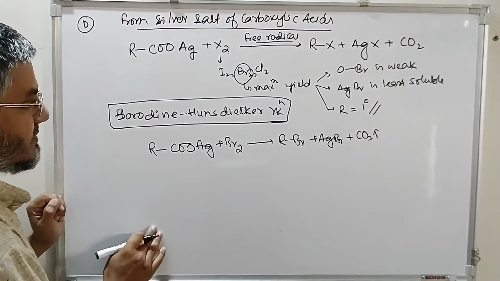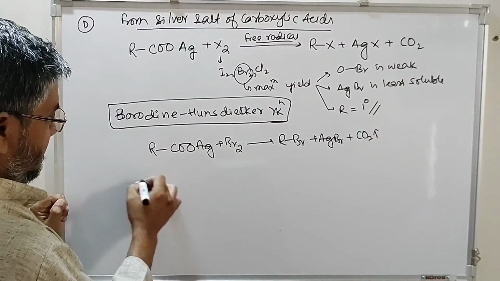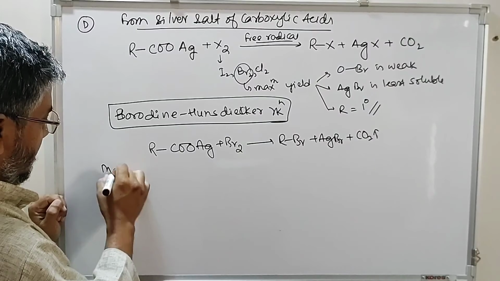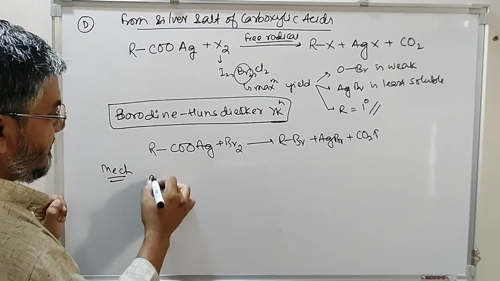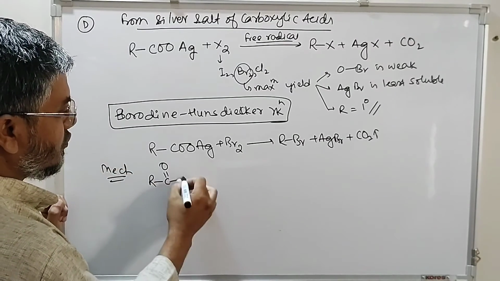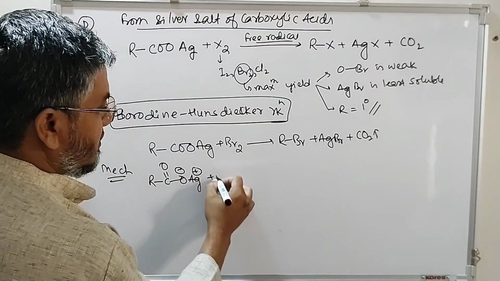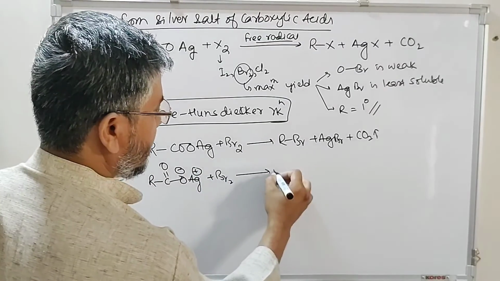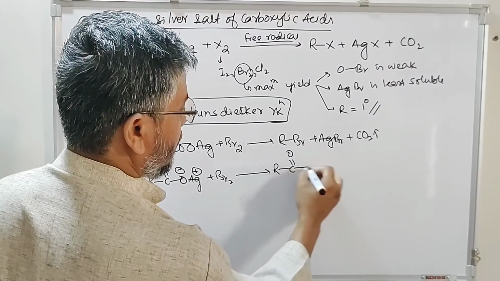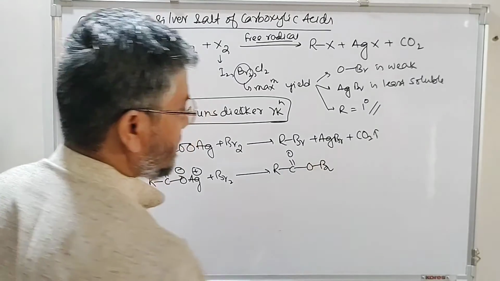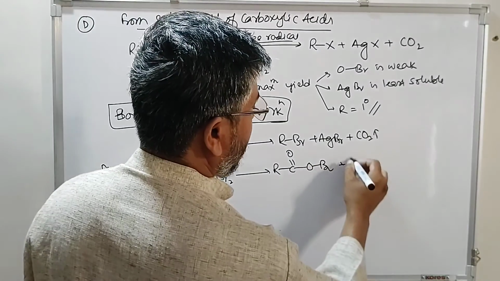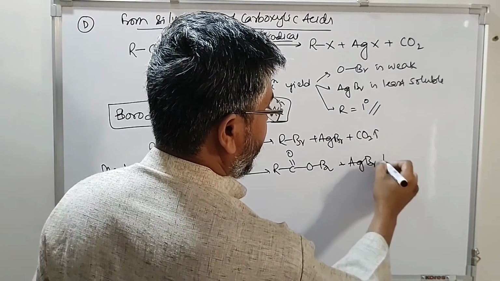So look at this mechanism. We have RC=O, O-Ag+ silver salt. This reacts with Br2, and this gives you RC=O OBr. So this bond is a very weak bond, and AgBr is precipitate.